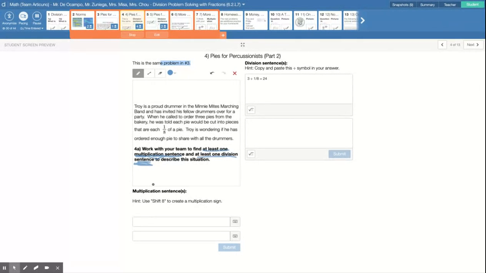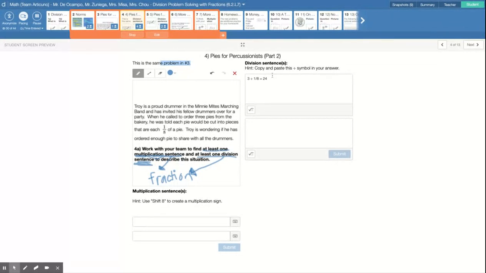Keep in mind that because you are in 6th grade, your multiplication sentence should have a fraction and your division sentence should have a fraction. So keep in mind that you should be putting one fraction in these sentences.